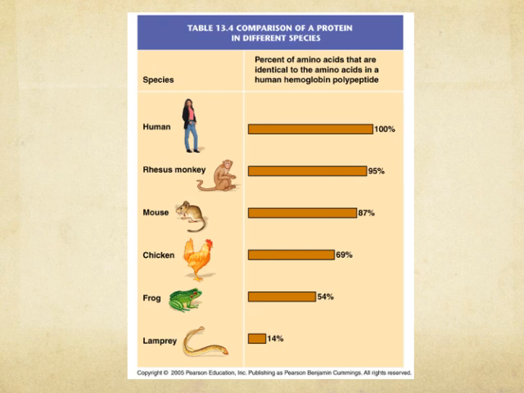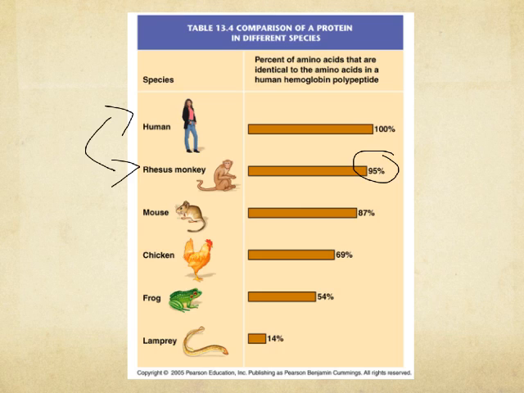It turns out that you can take your DNA, or the amino acid sequence of some very essential proteins, and compare them from organism to organism, and depending on how similar they are, that tells you how closely related you are to that organism. For example, if you compare a very important protein between the human and the rhesus monkey, that protein is 95% similar between those two species.